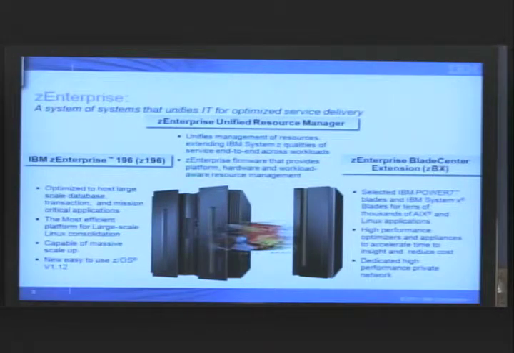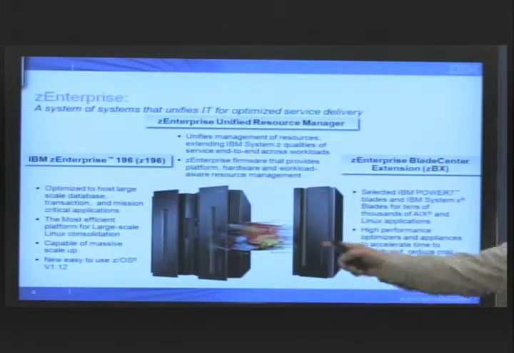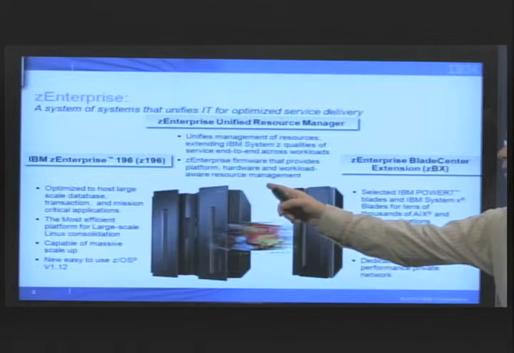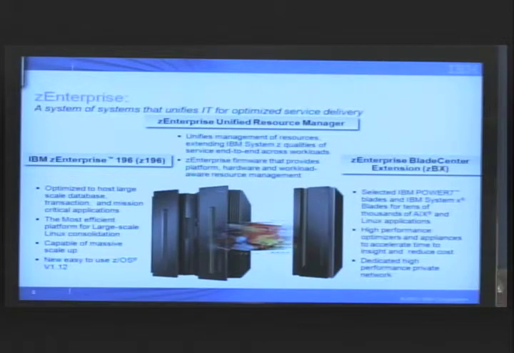So Jeff basically showed this picture, which is the big picture view of the components of what we call the zEnterprise system. On the right is the zEnterprise, which is the next generation of the traditional Z mainframe, building on its strengths in commercial areas to host large-scale databases for transaction processing.